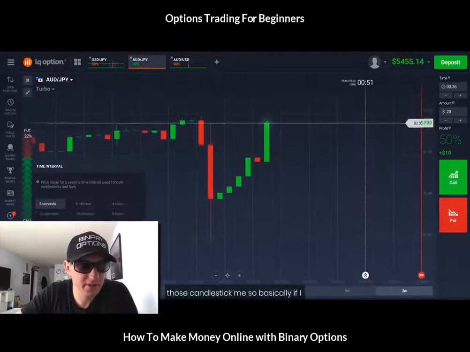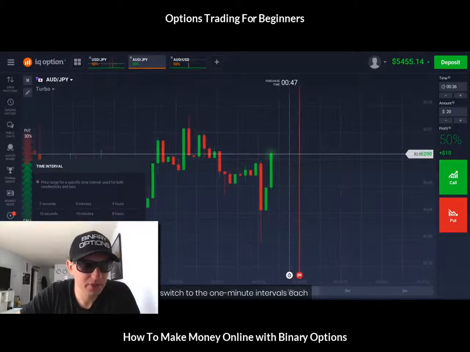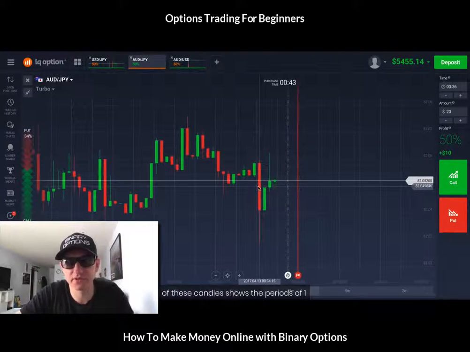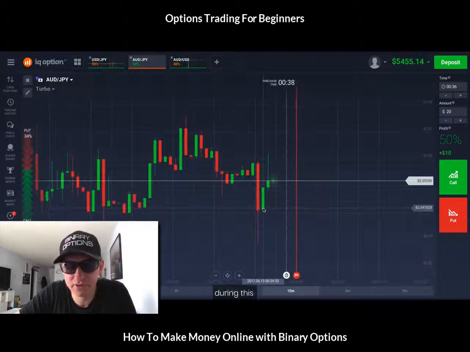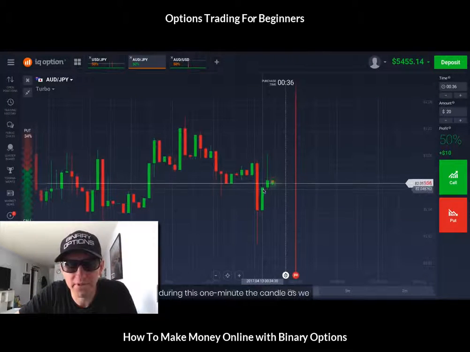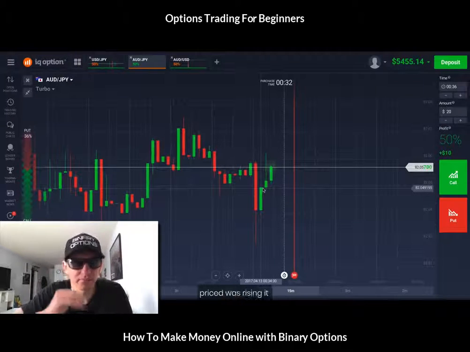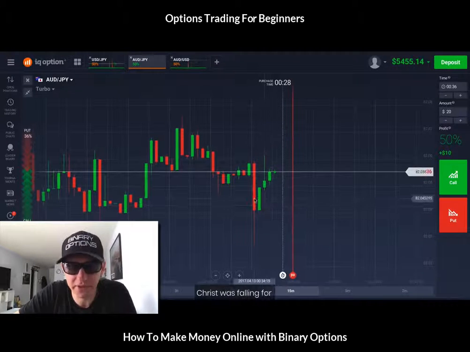So basically, if I switch to the 1 minute interval, each of these candles shows the period of 1 minute. If it is green, it means that during this 1 minute the price was rising. If it's red, then the price was falling.